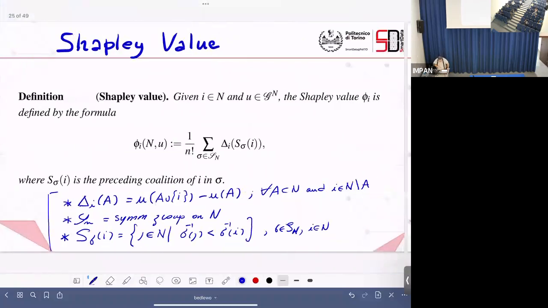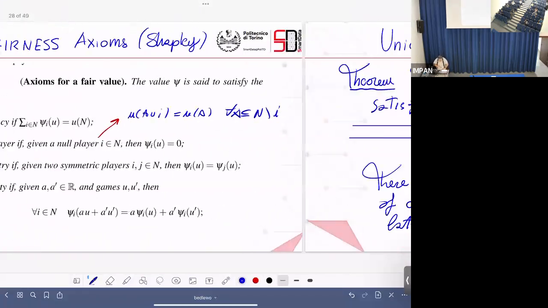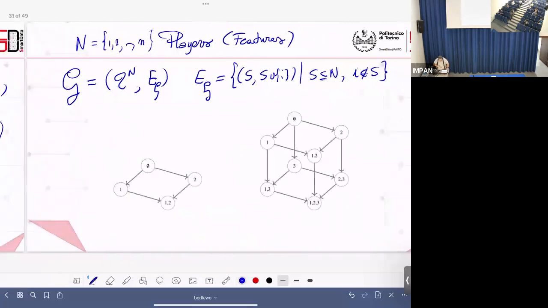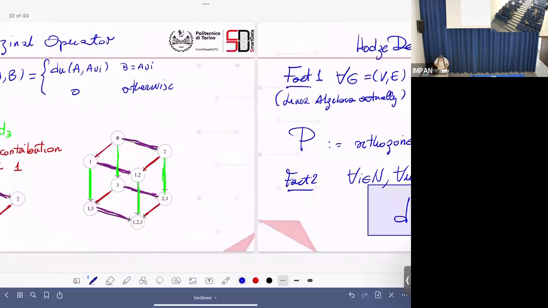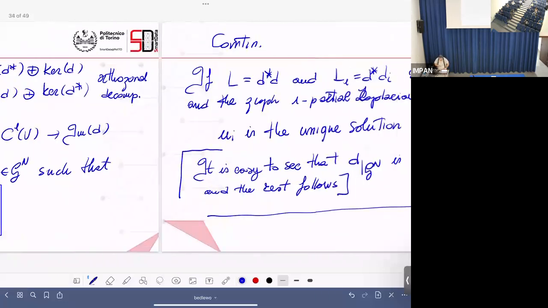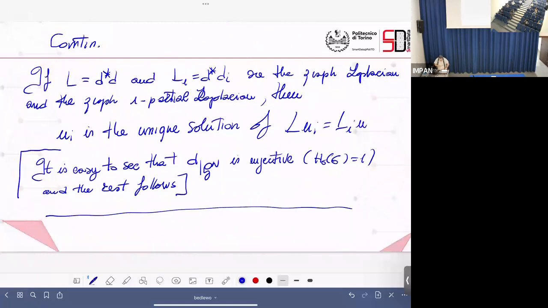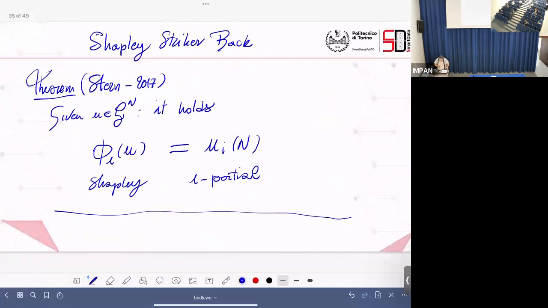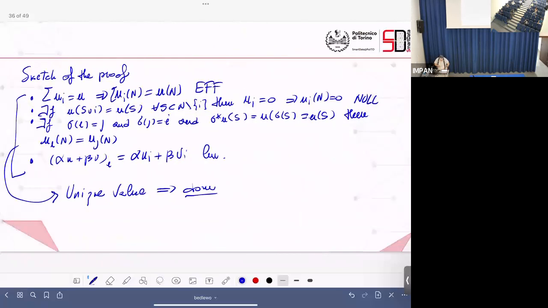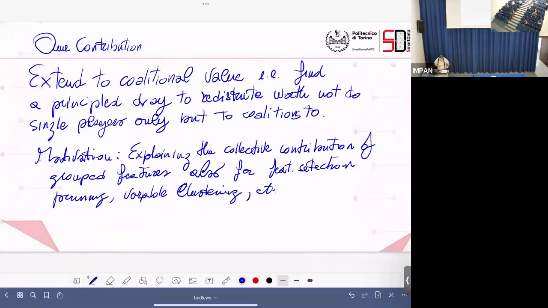The key point is this: for us at least, there are various proposals for coalitional Shapley value, but my purpose now is not to make a comparison, because it's not the purpose of this conference. In this work there is some comparison with the other approaches to construct a coalitional value.